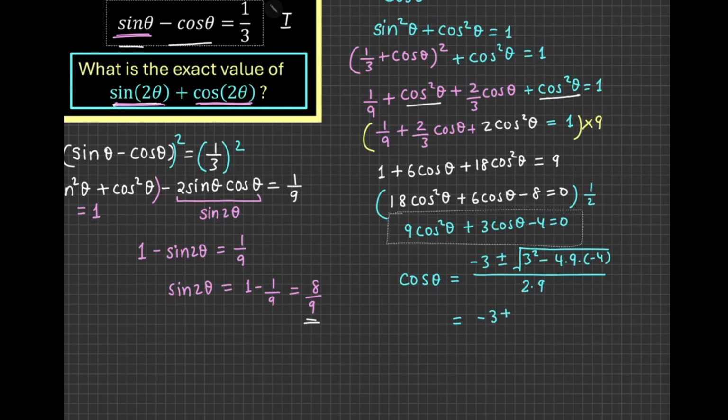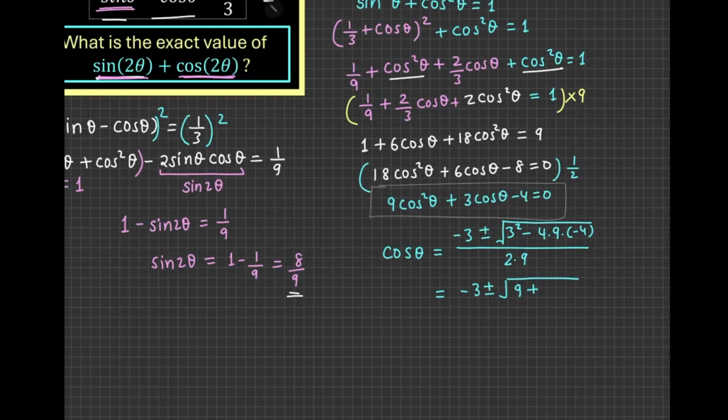Minus 3 plus or minus the square root of 9, and the 2 minuses become plus 144, divided by 18. This further gives us minus 3 plus or minus square root of 153 divided by 18.